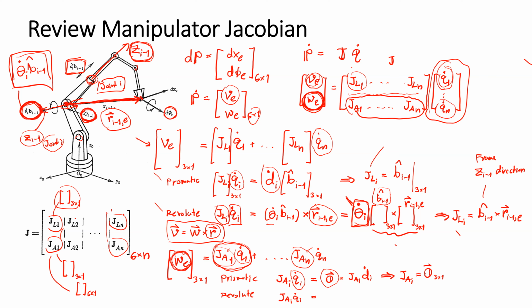The direction change at the endpoint will be the same as the direction change in any location. So the angular velocity vector at this axis will change the direction related to this axis at any point in the global space.